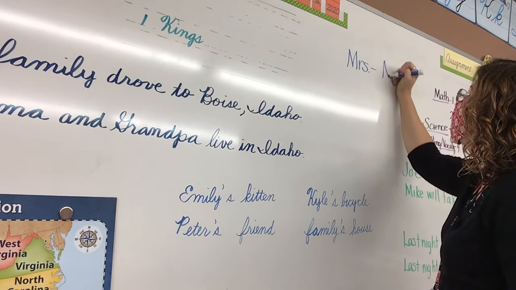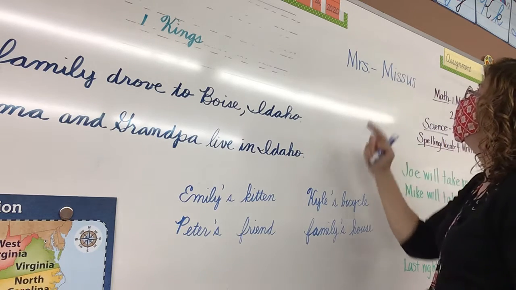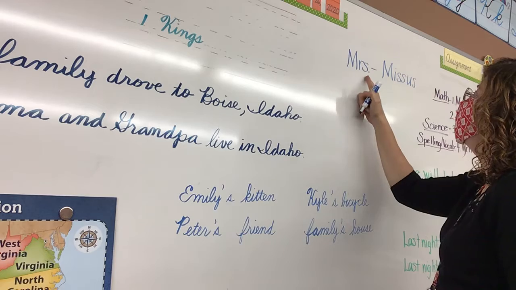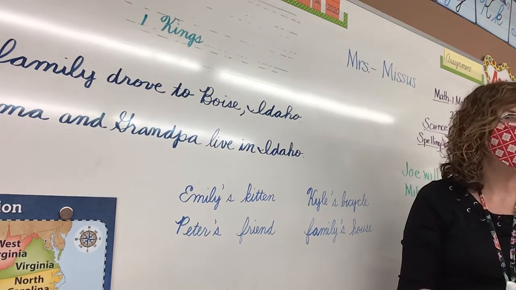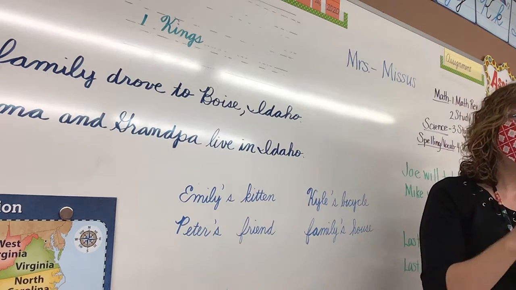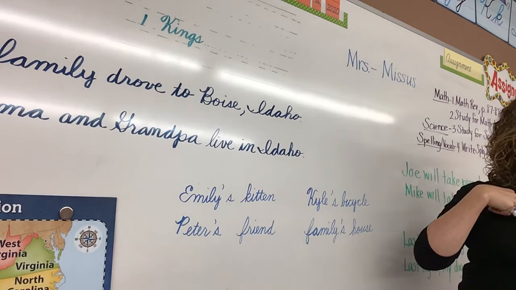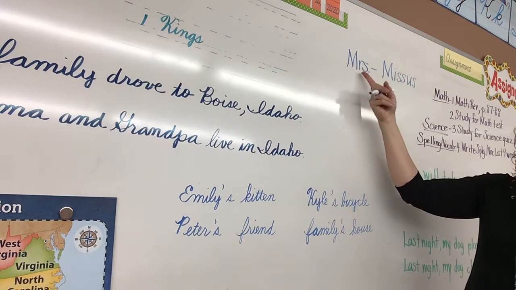And that is when you see this, Mrs. That is a married woman. Capital M-R-S period. Some of you did not know that, even though we did that paper together, some of you still did not do it correctly. So make sure you know, Mrs., I am a Mrs., I'm a married lady, capital M-R-S period.